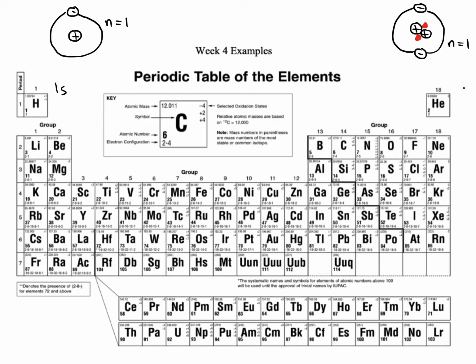And so in this orbital model, what that's going to correspond to is what's called 1s2. And so what that means is we're in energy level 1. It's a spherical shell, but there are 2 electrons. And so we put that superscript to represent the number of electrons that are in the orbital.